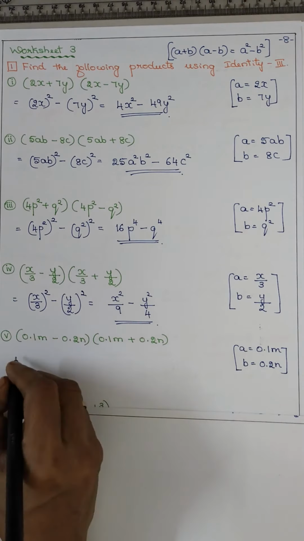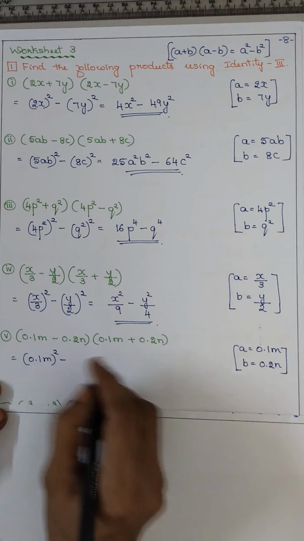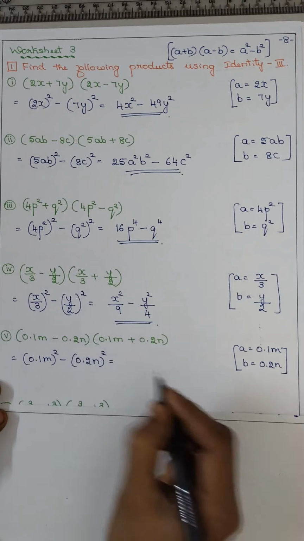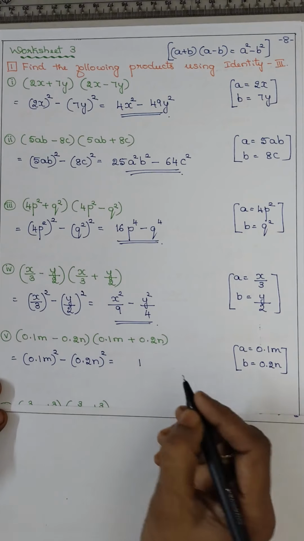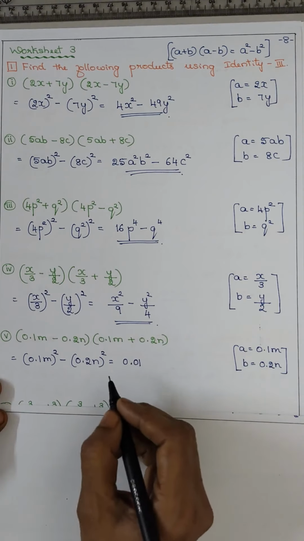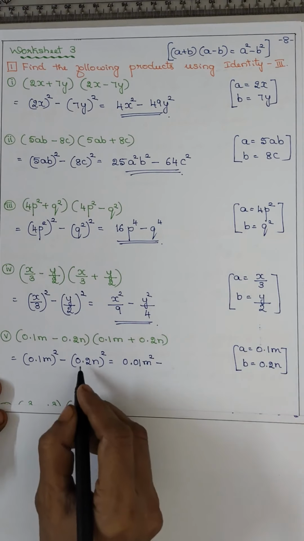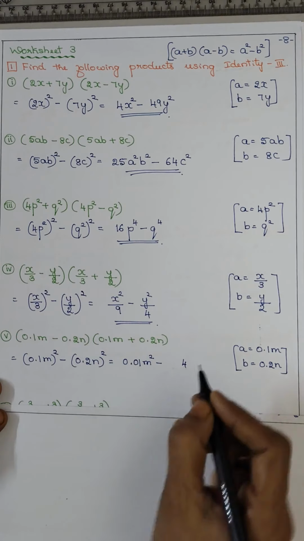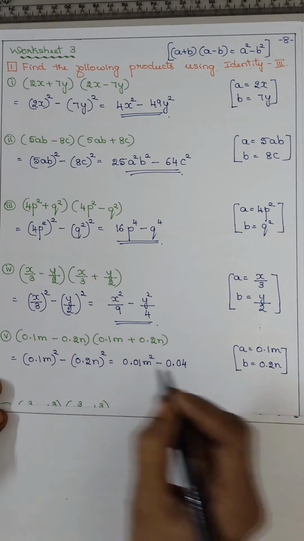Now a squared, that is 0.1 m the whole square minus b squared 0.2 n the whole square. 0.1 square, remember 1 square is 1, 1 decimal we have to put 2 decimal, so it is 0.01 m square minus 0.2 square, 2 square is 4, 1 decimal we have to put 2 decimal, so it will be 0.04 n square.